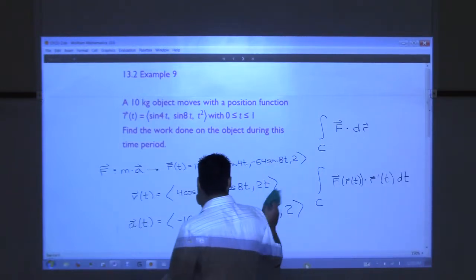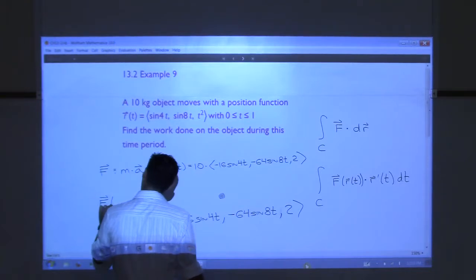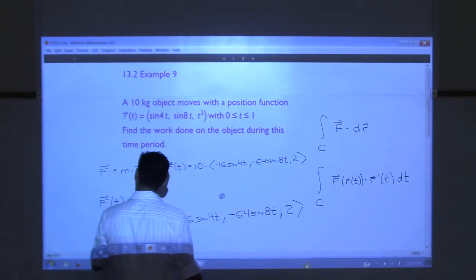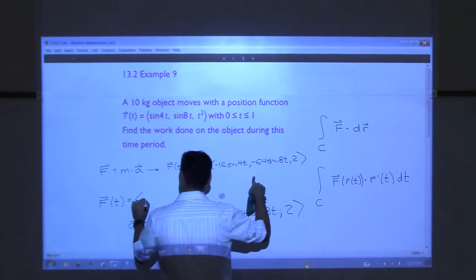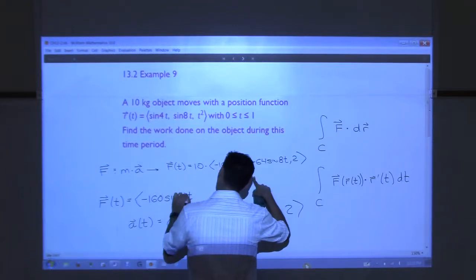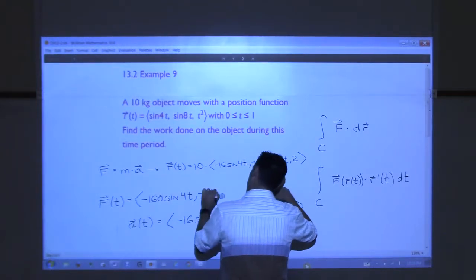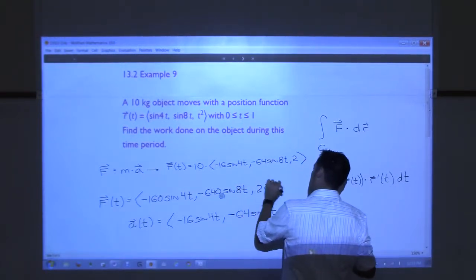So I now have a force vector function: negative 160 sine 4t, negative 640 sine 8t, and then 20.